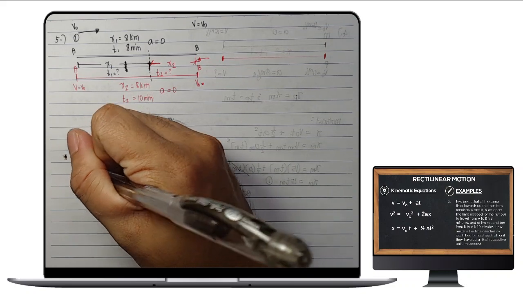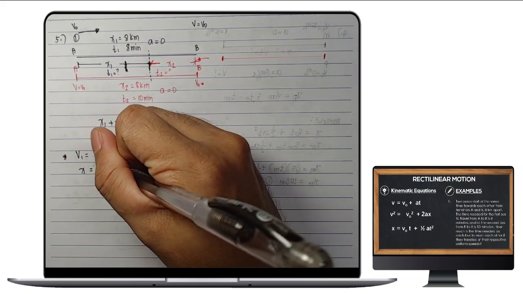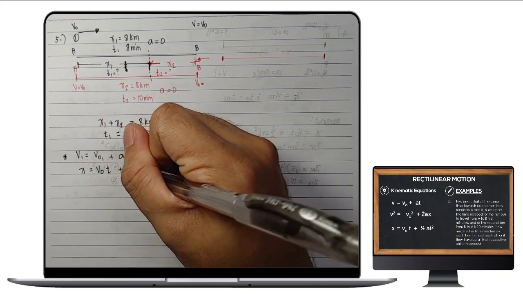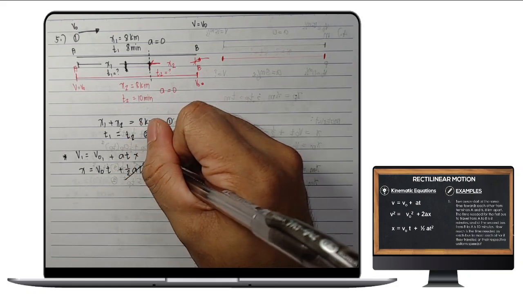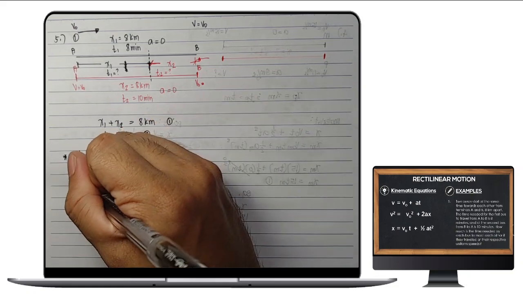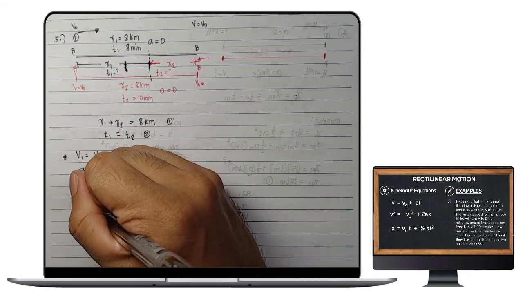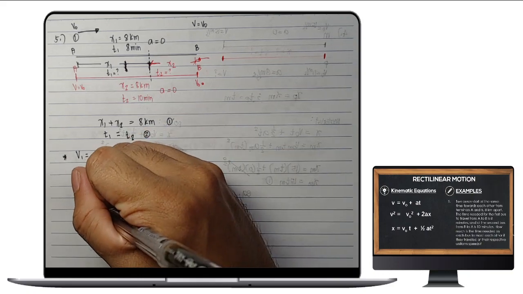So from the third equation, x is equal to V0 times t plus 1 half AT squared. Since acceleration is 0, we will have x is equal to V0 times t, or the velocity is simply distance over time.